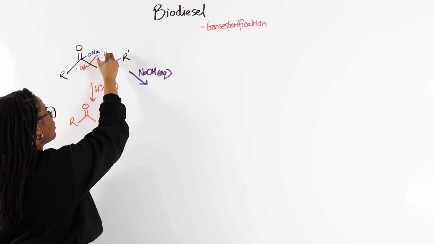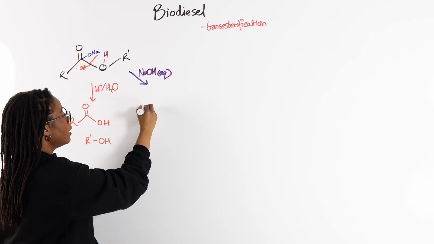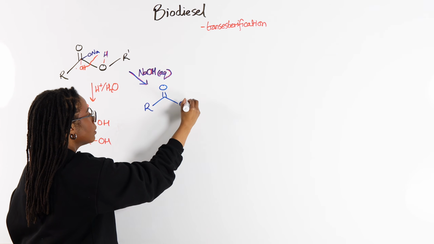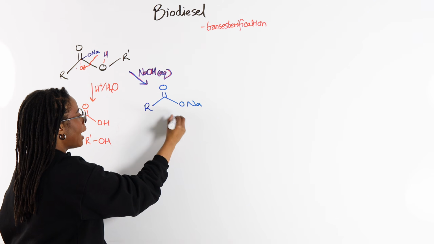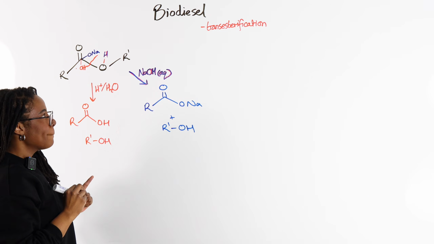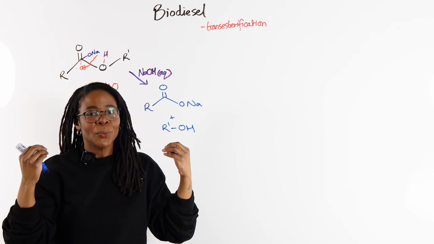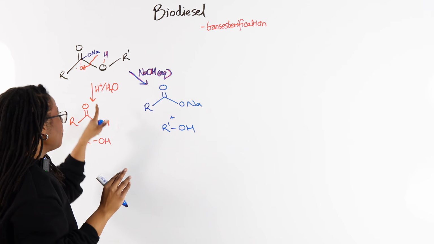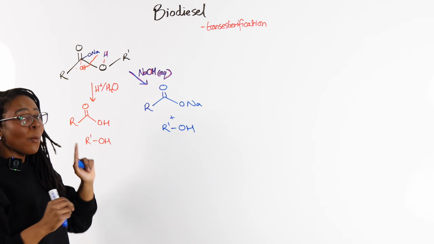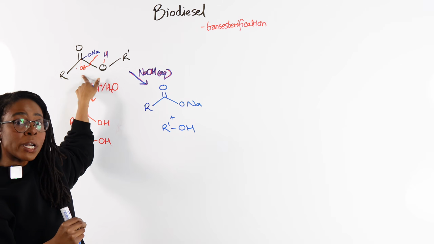And we still just give an H back to the OH. So we end up with our sodium carboxylate salt and our alcohol. Now, transesterification, if we think of it in the same way, is so straightforward, because when we're adding HOH, we add the H, we add the OH. When we're adding NaOH, we add the H and then we add the ONa.